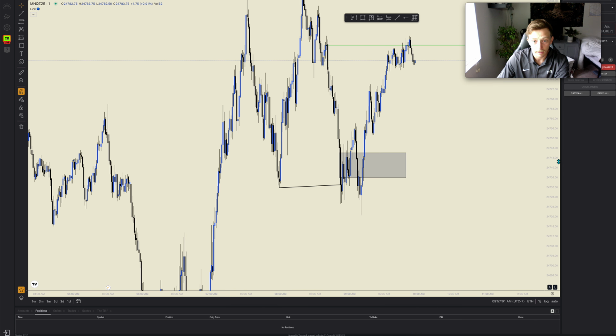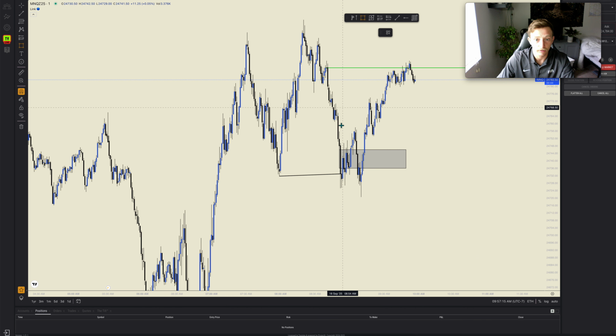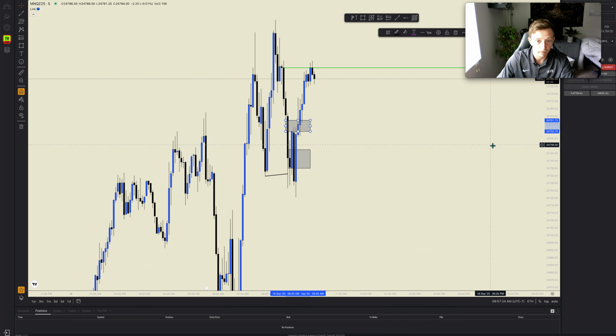So this candle right here showed me that buyers wanted to go higher because it's a big candle. It's not like these three right here. Big candle. And there's also this gap right here, this 1 minute gap. And I was also looking at the 5 minute gap, which aligns with this 1 minute.